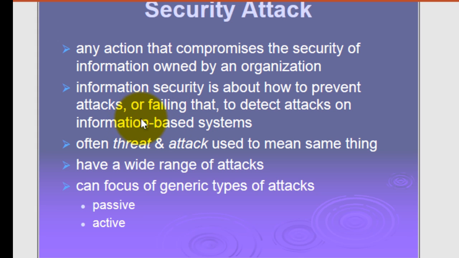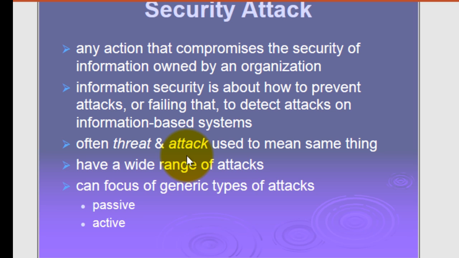It will prevent attacks. If you see, there are two words called threat and attack. The two seem like the same, but there is a slight variation. A threat is a chance of having an attack, meaning there are vulnerabilities that could lead to an attack.